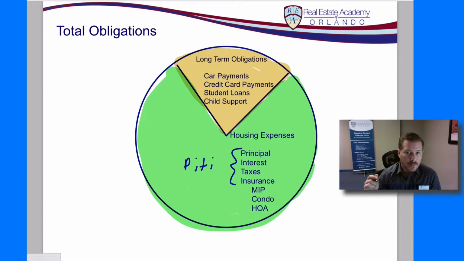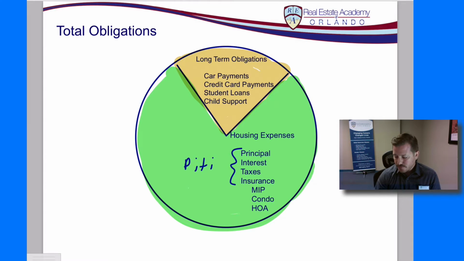But many times we'll have MIP, mortgage insurance premium, if it's an FHA loan, or PMI, private mortgage insurance, perhaps if it's a conventional loan and the borrower's maybe not putting a full 20% down. Also, if the property is a condo, there could be common charges. Co-ops would have maintenance charges, and HOAs would have HOA dues. Any of those additional payments that are required as part of the housing would also be included in the housing expense.